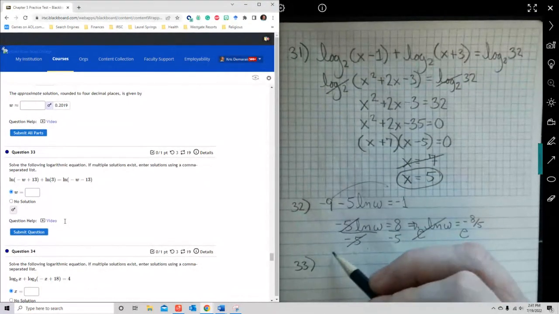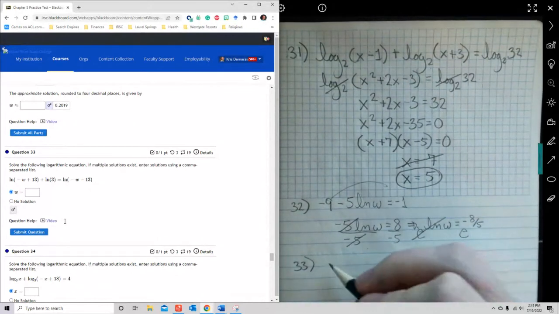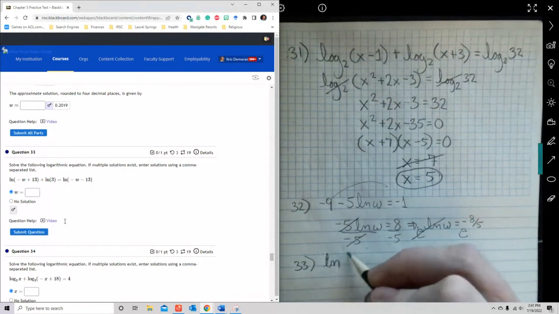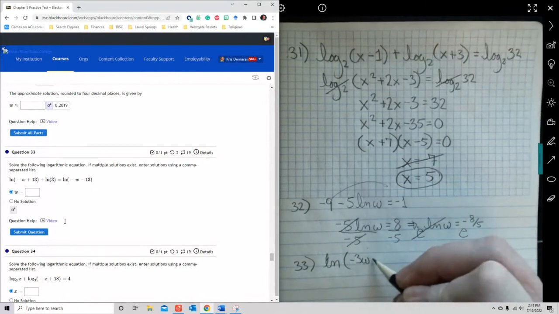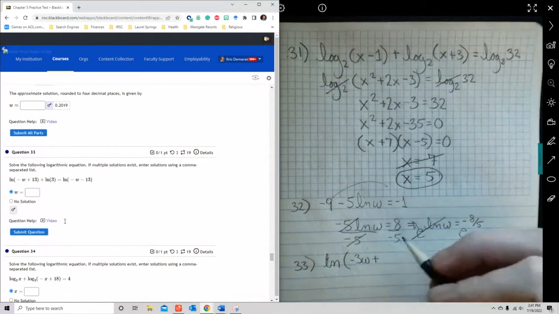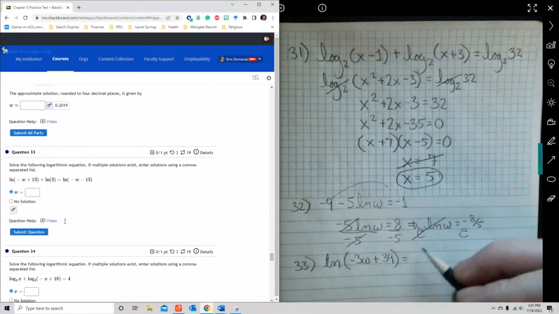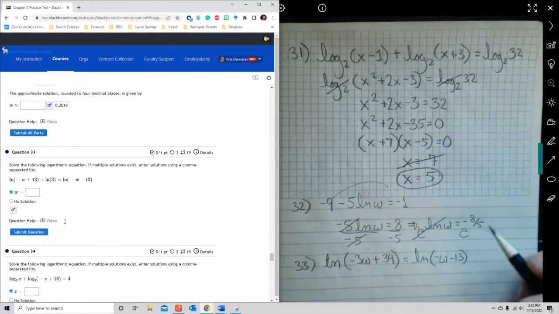Says solving this. Since it's adding, I'm going to multiply. So immediately, I'm going to put ln(-3w + 39) equals ln(-w + -13).